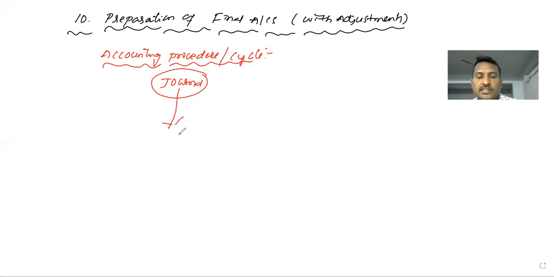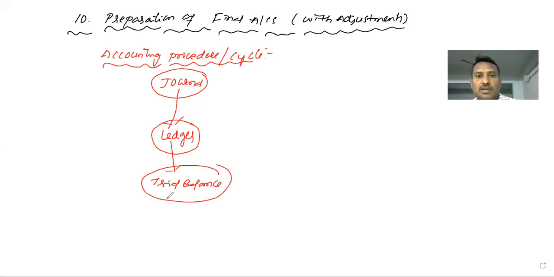These journal entries are then posted into the ledger. This is the second stage in the accounting process. After he prepares all the ledger accounts, all the ledger account balances are recorded in the trial balance. The trial balance is the base for the preparation of final accounts.